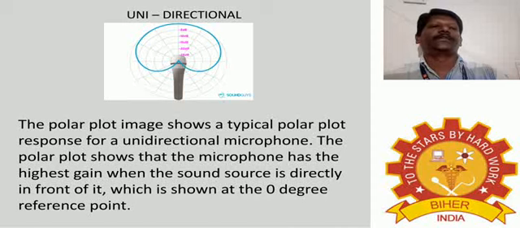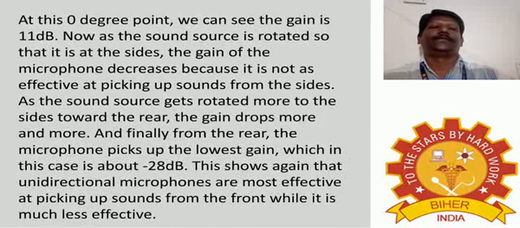So a unidirectional microphone is sensitive only at the front side. At 0°, the front side is the sensitive area, and the rear side is not a sensitive area. At this 0° point, we can see the gain is 11 dB.